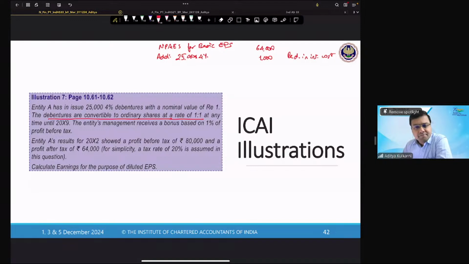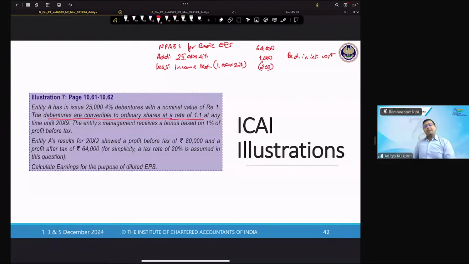Is it fine till here? Now, if interest cost reduces, income tax thereon will increase. Yes. 1,000 into 20%, so that gives you 200.